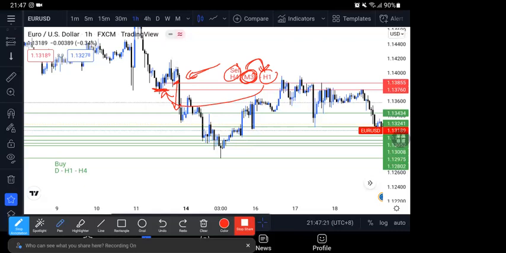So this is the direction, this is the setup and the bias. After the bias is being broken, what we should do? We should continue selling. Just repeat using this thing.